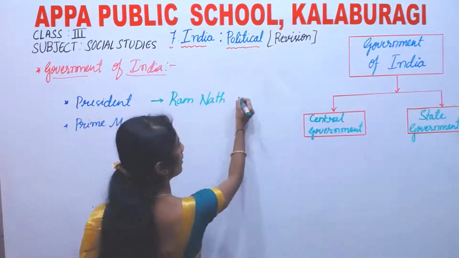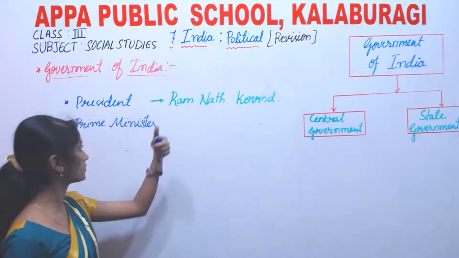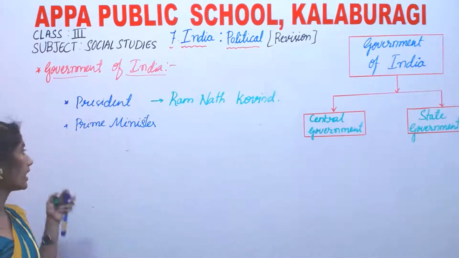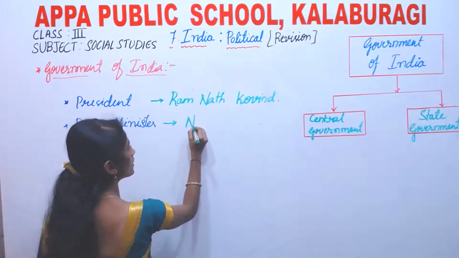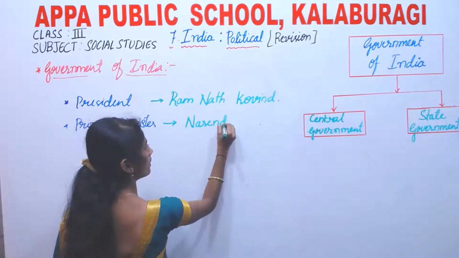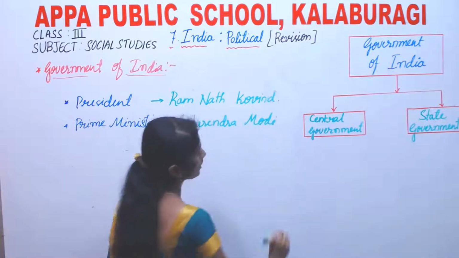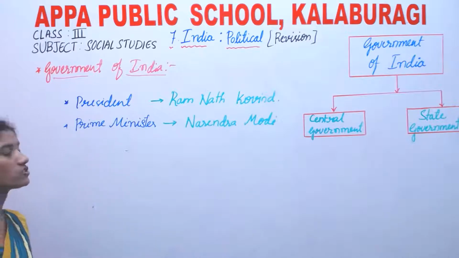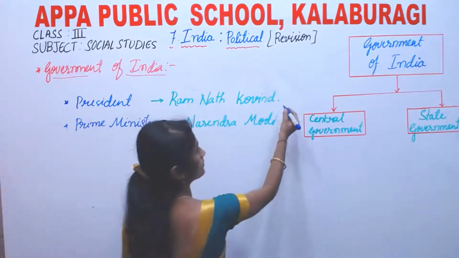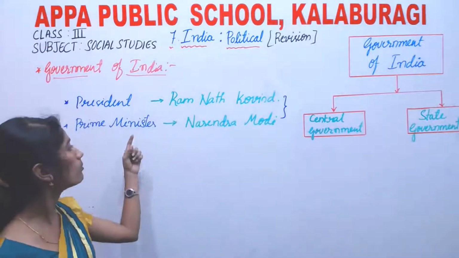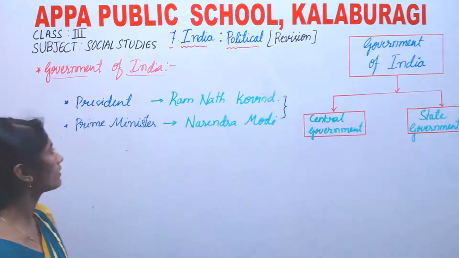Ramnath Kovind is the president of India. Who is the prime minister of India, children? Narendra Modi is the prime minister of India. These two are the most important persons in the central government.